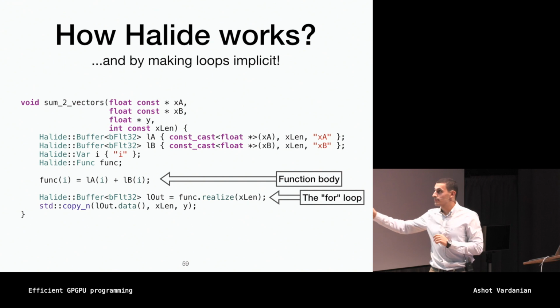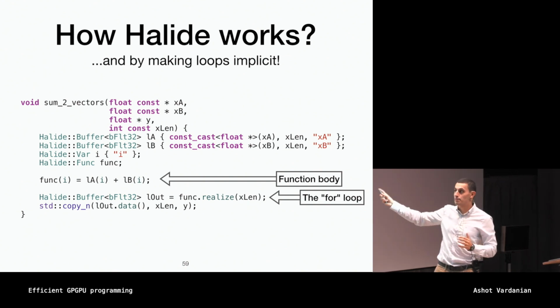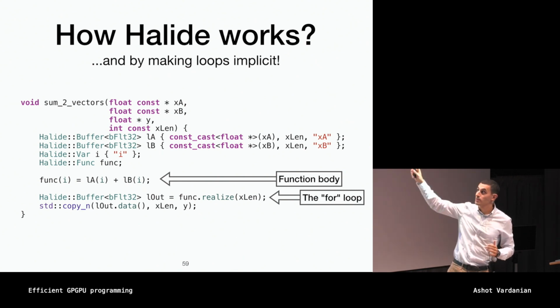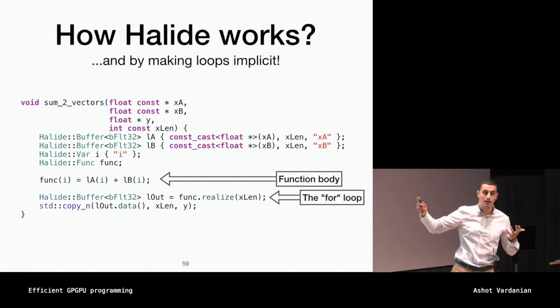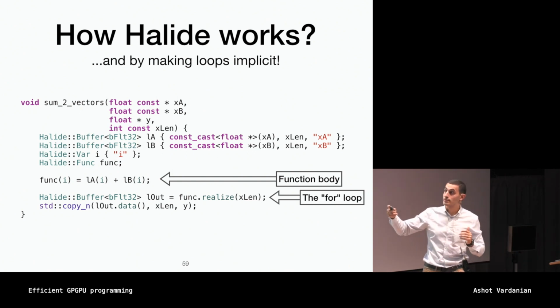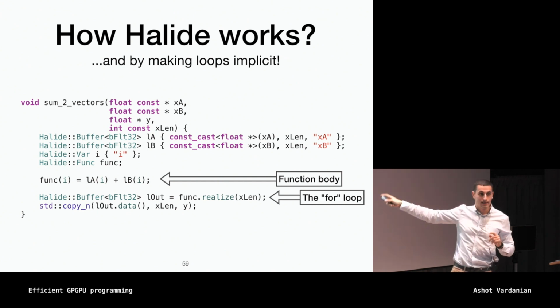As you can see, the function body, the actual operation, is separate from the for loop. We have some boilerplate in the very beginning, which defines the buffers in the way that Halide can comprehend them. But then after we've defined the buffers, we just define the function body just once. And everything else is tunable and modifiable.